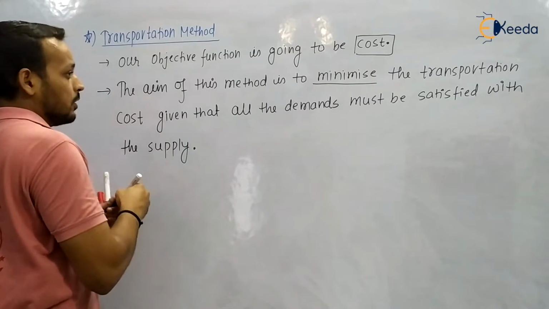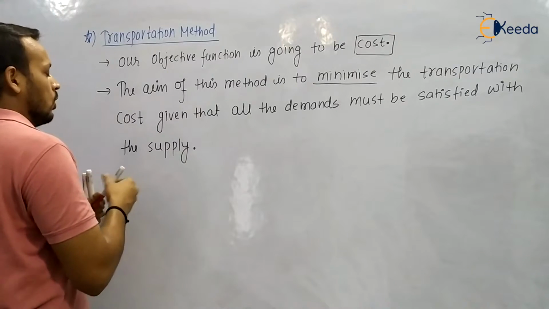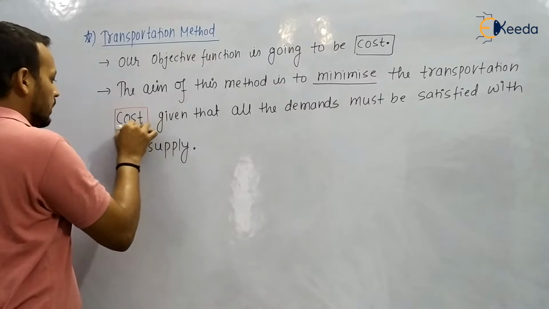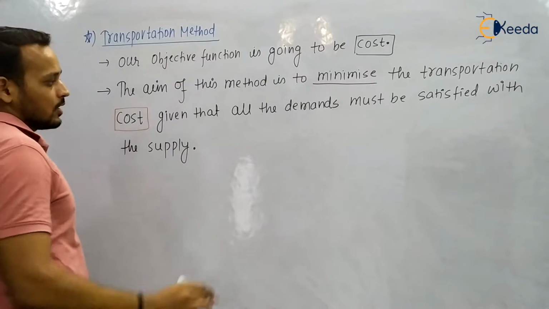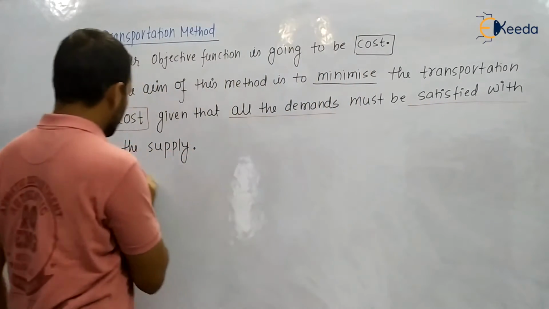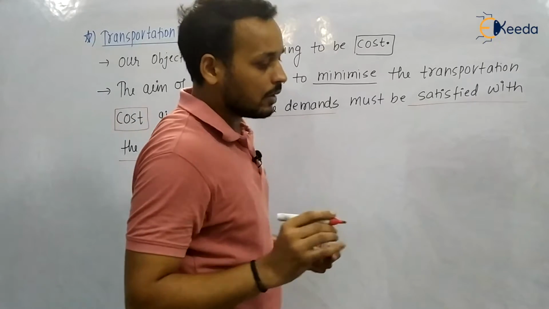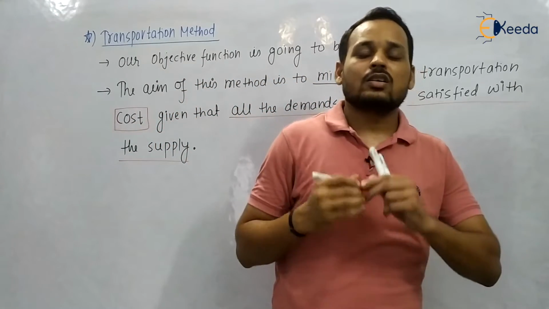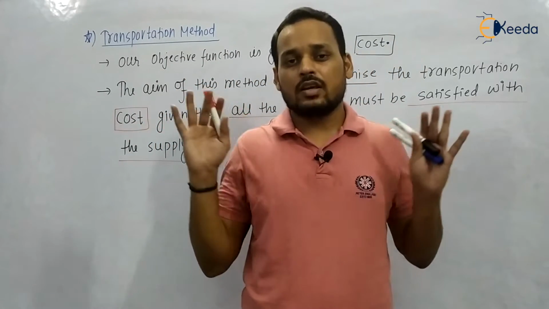Our objective function is cost, so the aim is to minimize the cost in such a way that all the demands must be satisfied with the supply. So our aim is basically to minimize the transportation cost, or simply cost.